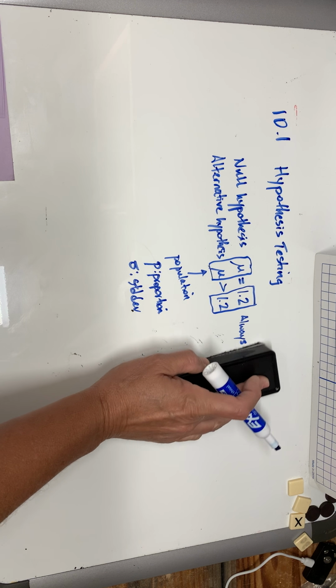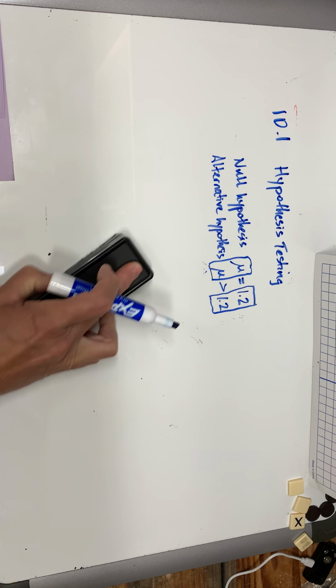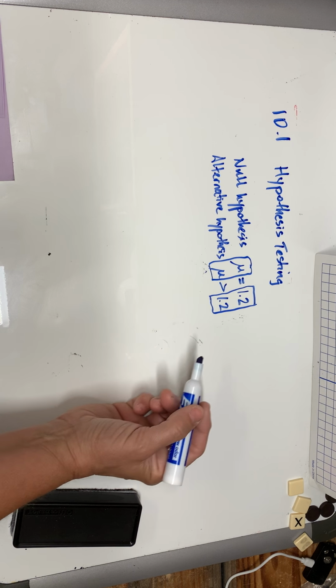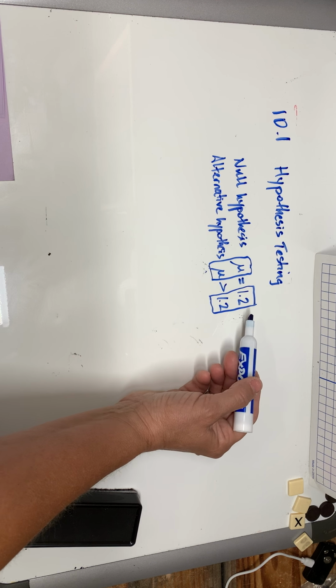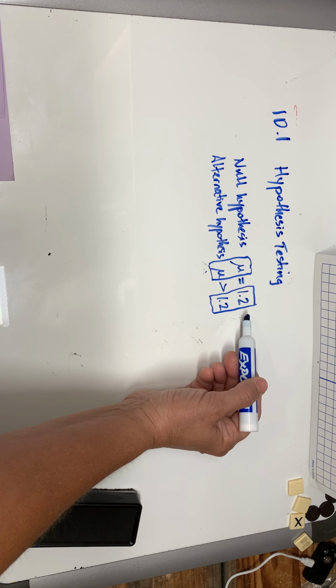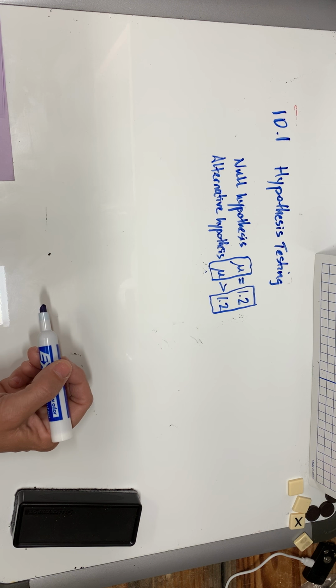So once that's established, what will happen, not in this section, but in the next couple of sections, is you will run a statistical test to decide whether there's sufficient evidence to reject the status quo, the null hypothesis, or whether there's not sufficient evidence to reject. Okay?